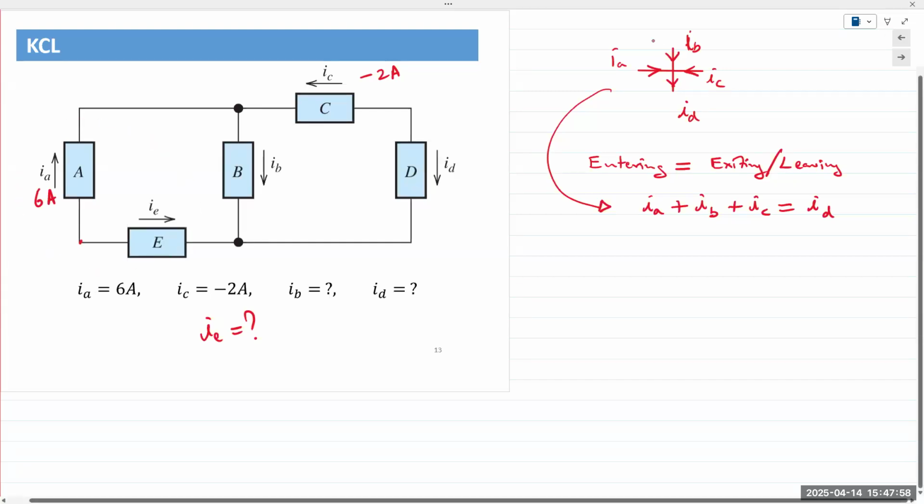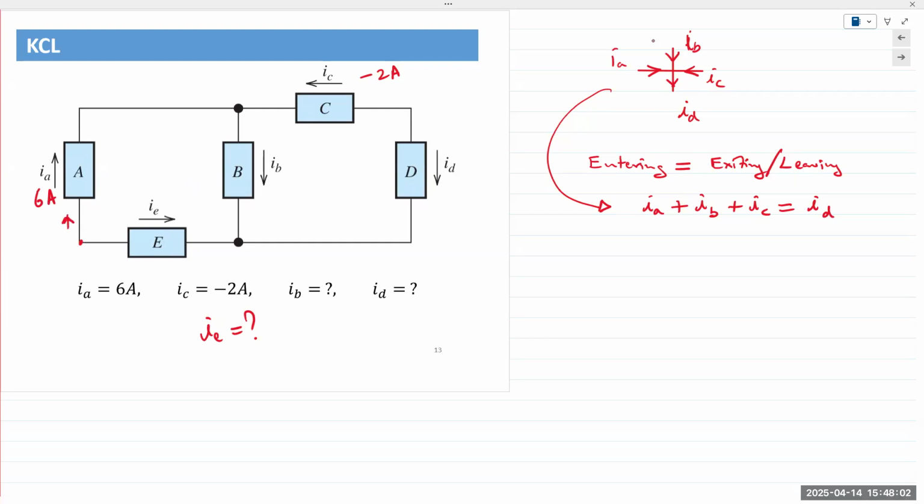If you take the bottom node right there, I have IA going up or leaving the node. I have IE also leaving the node, right? That, of course, cannot be possible. We cannot have IA and IE both leaving the node. So if both are leaving the node, I would sum them up and put them equal to zero.